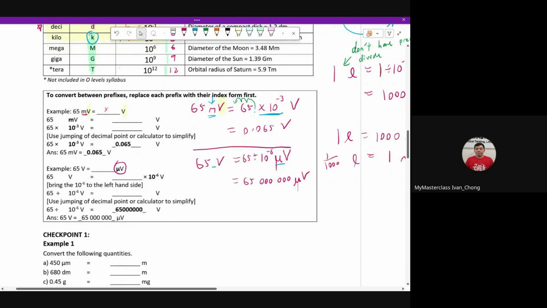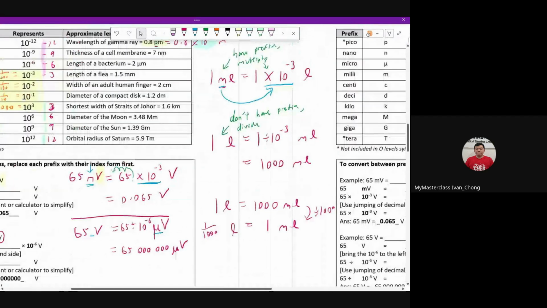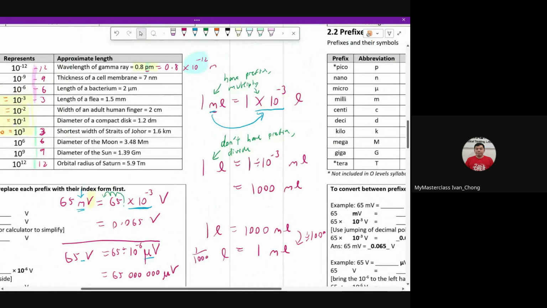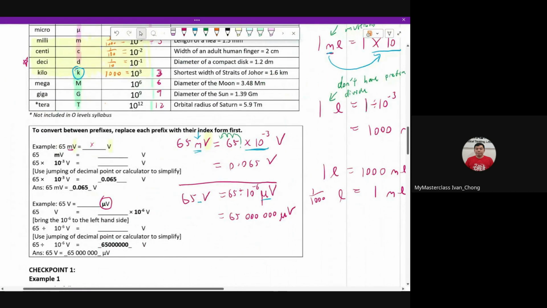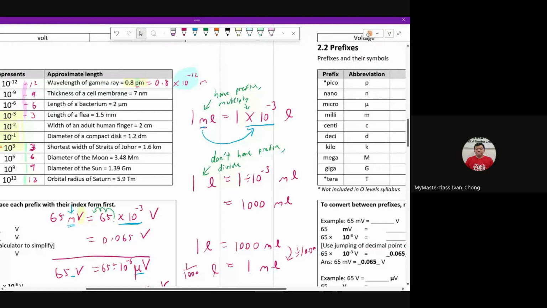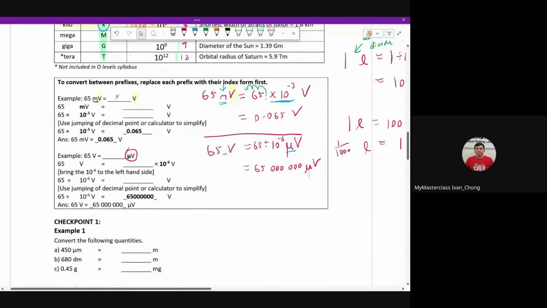Because we're in secondary school, do remember to bring your calculators to school. Otherwise, you have a lot of trouble with very large calculations. Just remember, on the left-hand side, if you have the prefix, you multiply. If you don't have it, you divide. So if you have, you times; don't have, you divide.